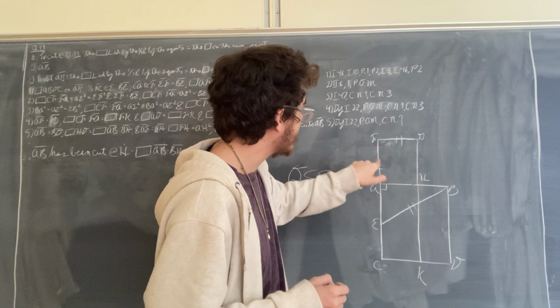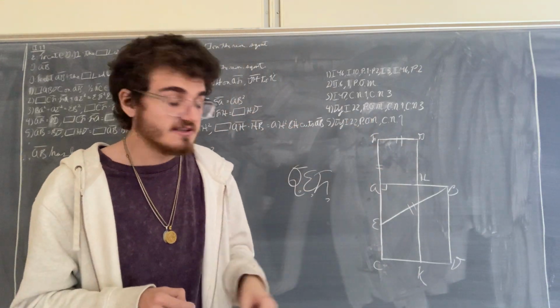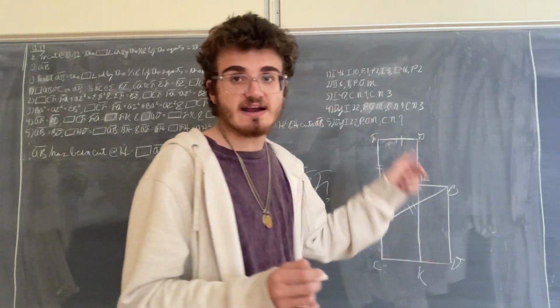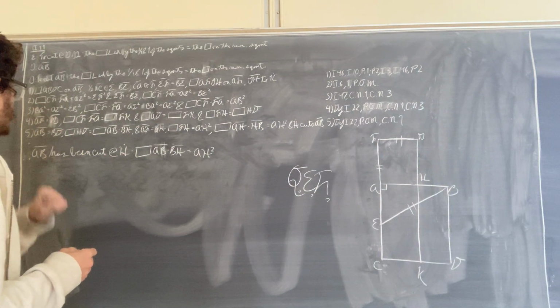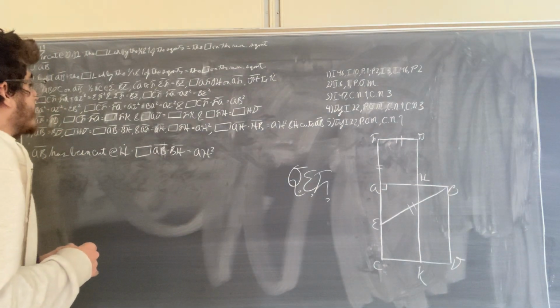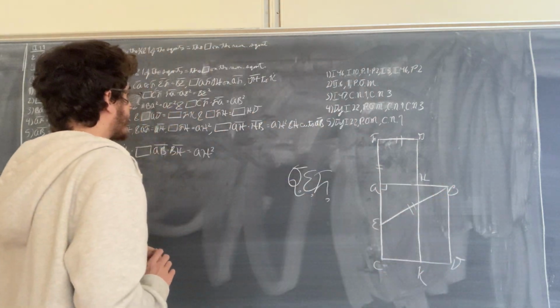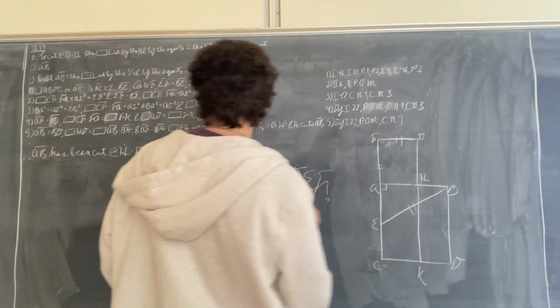And the rectangle CF times FG is the rectangle FK. And so we can say that the rectangle CF times FA equals the rectangle FK. Oh, excuse me. And so we can say that the square AD, which is AB squared, is equal to the rectangle FK. So this rectangle right here.